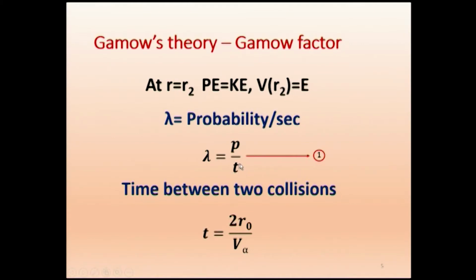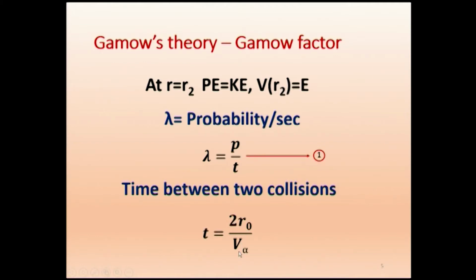And what does this T refer to? T refers to the time between two collisions. Inside the heavy nucleus, for example uranium 238, this alpha particle is bombarding, going up and down inside the nucleus. So, what is the time between two collisions? That will be the distance travelled divided by velocity. The distance travelled is 2 r naught and the velocity is V alpha.